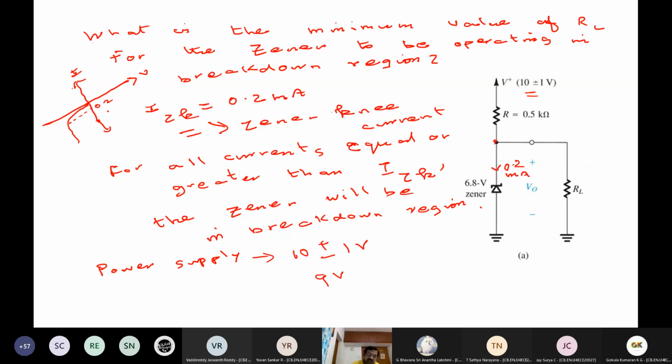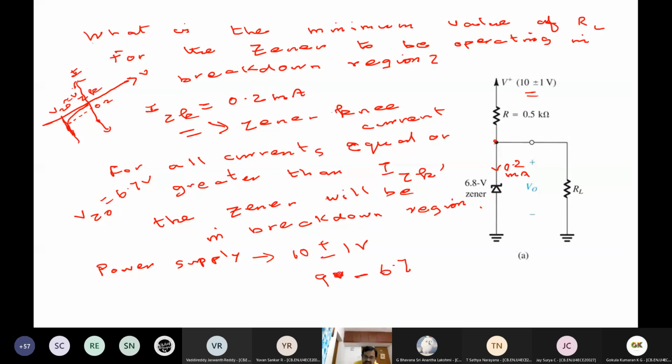So the question asked is 9 volt, and at this value, I take that line with slope 1 by RC. In the morning, I said this VZ naught is closely equal to VZK. We have talked about this bend, and this VZ naught value we determined to be 6.7 volt. So the 9 volt is coming from the supply, and because we are operating at the minimum zener current, I must use 6.7 here.